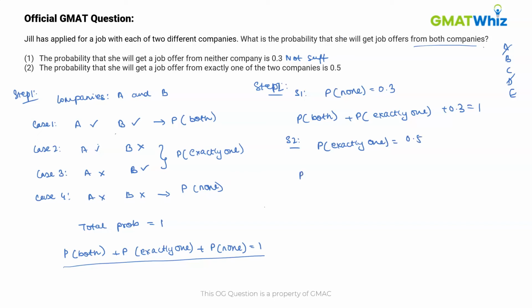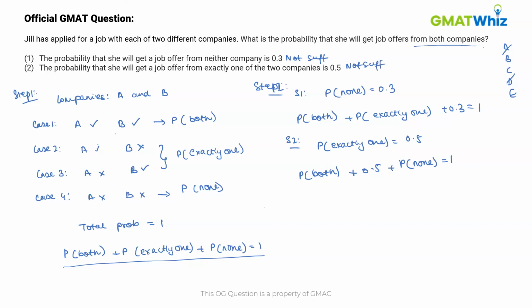Again, if we plug in the values, we have the equation: probability of getting a job offer from both the companies plus 0.5 plus the probability that she gets an offer from none of the companies equals 1. Now, this is also a linear equation in which two variables are unknown. So, we cannot find the value of the probability that is required. Hence, we conclude that statement 2 is also not sufficient.